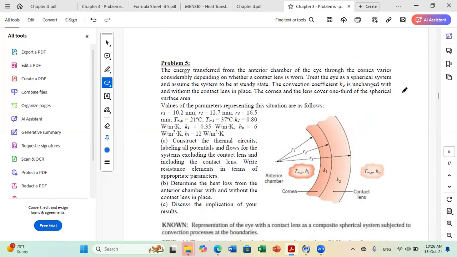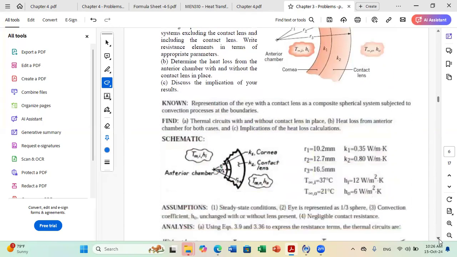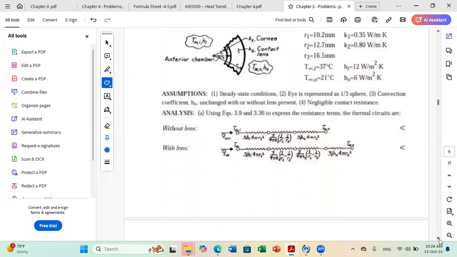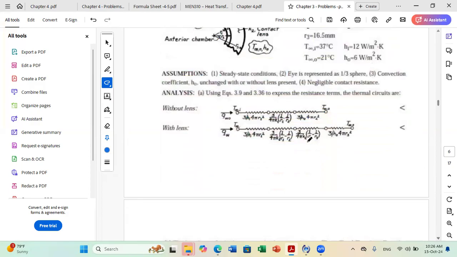When we were working on the resistance. Okay. Look, in the chapter 3, I gave you for a complete sphere the formula of resistance.